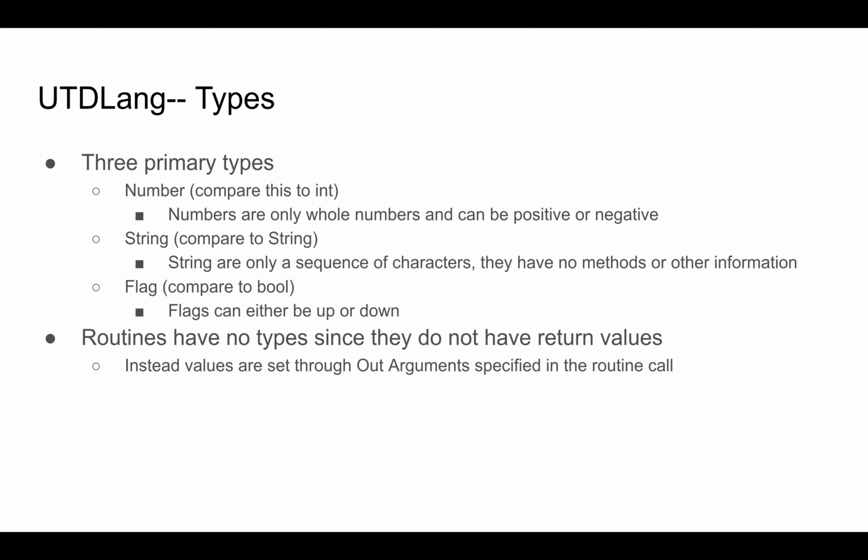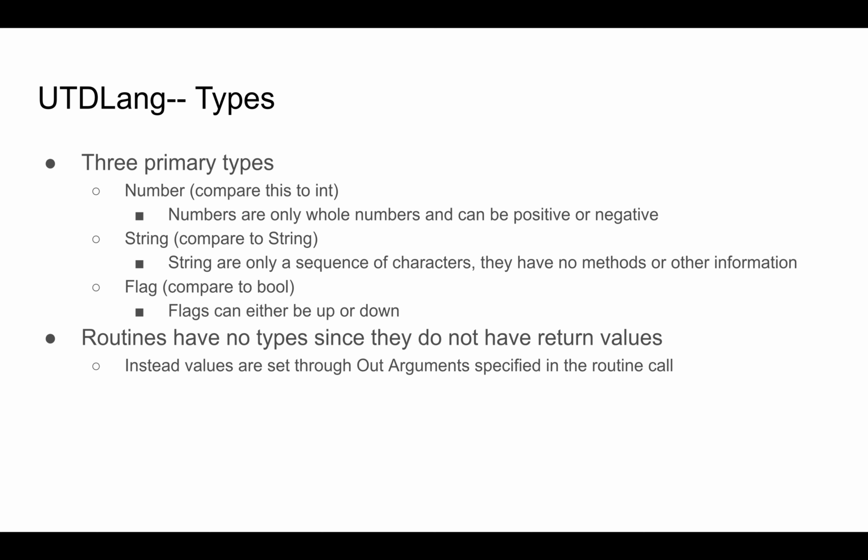As for the types of UTD len-, there are 3 primary types: number, string, and flag. The number you can compare to an integer. In our language, numbers can only be whole numbers, but they can be positive or negative. Strings are just strings.